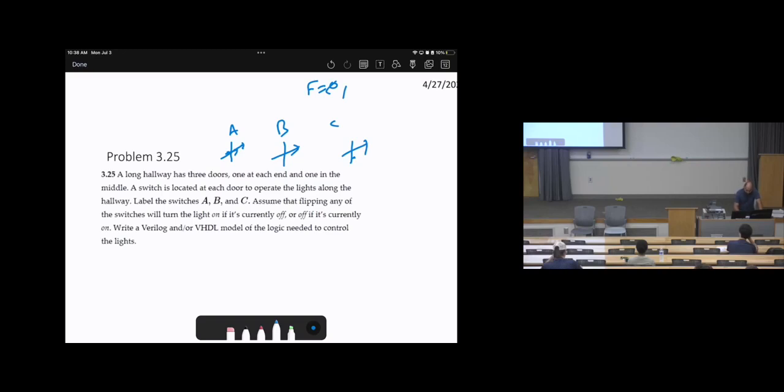As a result, we will realize that an odd number of detections will make it 1. An even number will make it 0, because, for example, on, off, on will make it on.